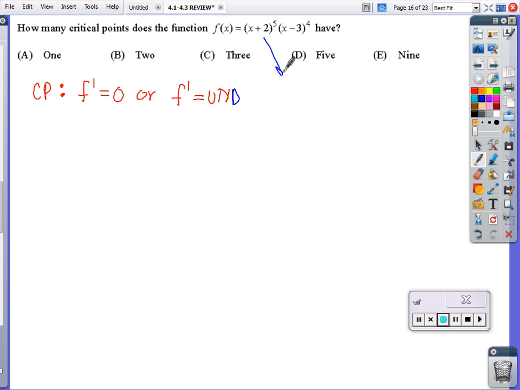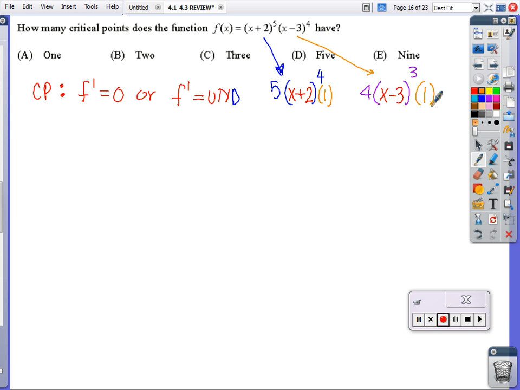Here, the derivative of this piece would be: bring the power down, leave the inside the same, multiply by the derivative of the inside. This one's derivative would also be: bring the power down, leave the inside the same, multiply by the derivative of the inside.